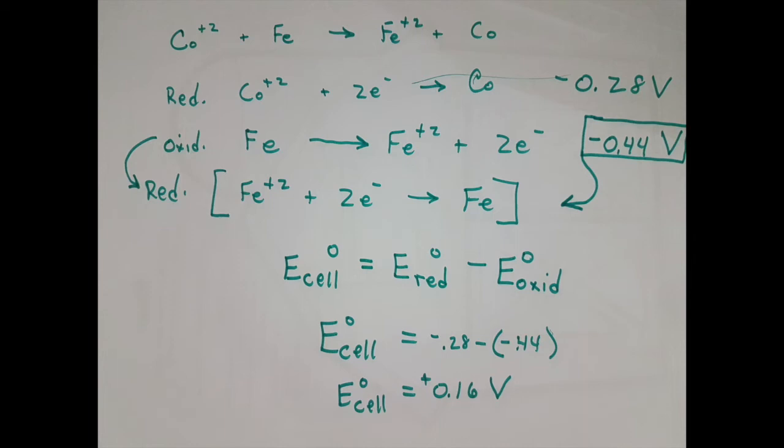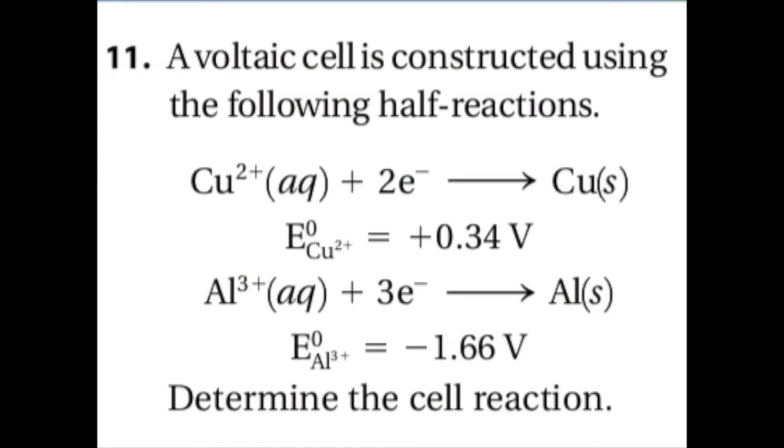See if we can figure it out. So, number 11, a voltaic cell is constructed using the following half reactions. Copper plus 2 yields copper, and that is going to be reduction, and that's going to be E naught copper plus 2, okay, and that's going to be positive 0.34. That's going to be reduction, and you have aluminum plus 3 to aluminum.